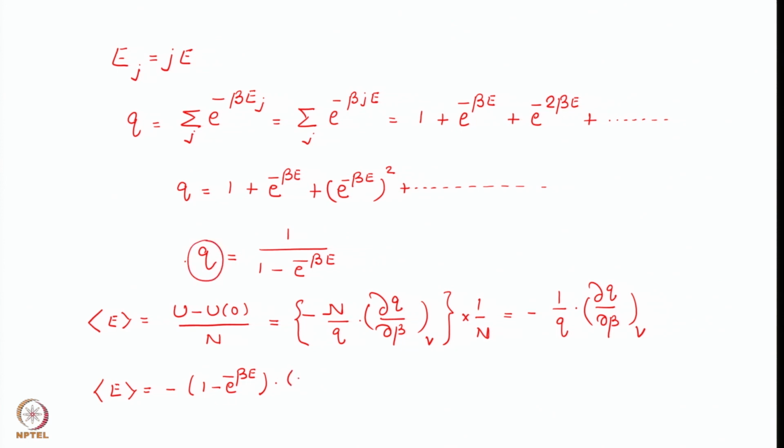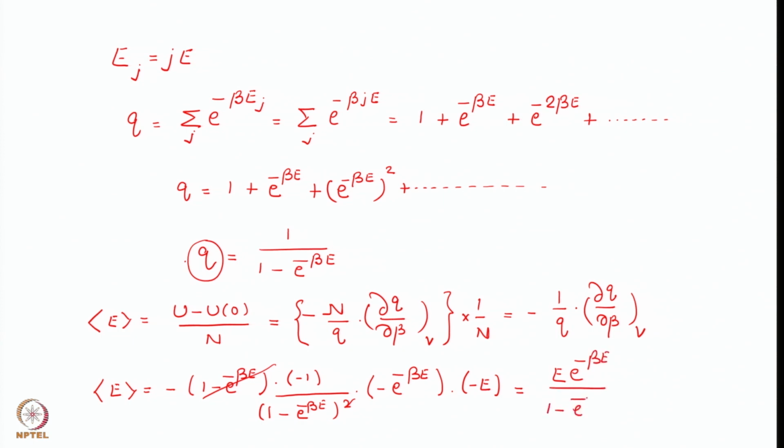This will be minus 1 over 1 minus exponential minus beta E, the whole squared, into minus exponential minus beta E into minus E. This and this can cancel, and there are 4 negatives which become positive. So, you have E exponential minus beta E over 1 minus exponential minus beta E.